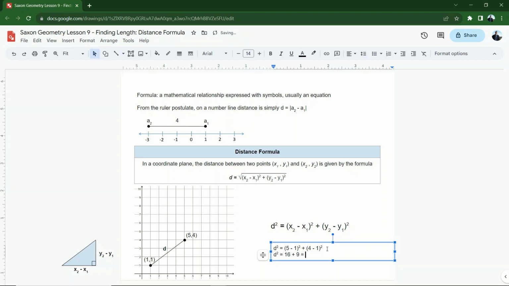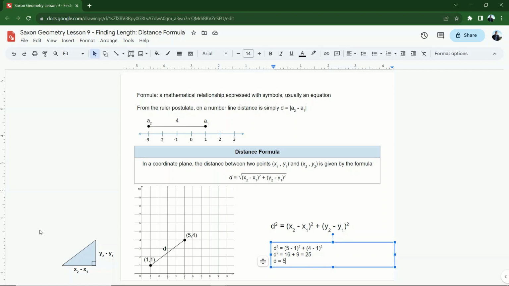So 16 plus 9 is 25. D squared equals 25. That means that the distance d equals 5. So I'd be able to plug in 5 instead of d. I calculated the distance from here to here is 5 units.